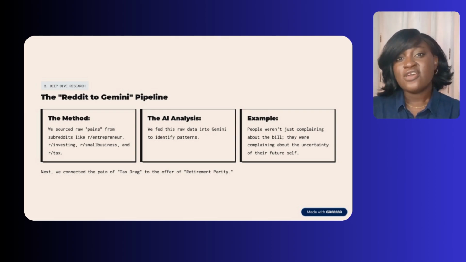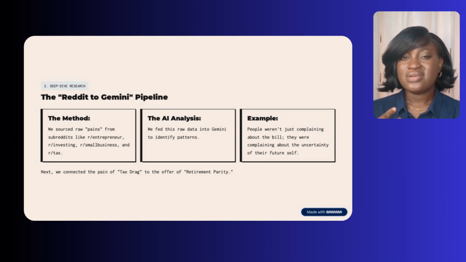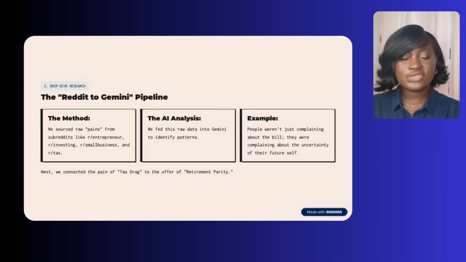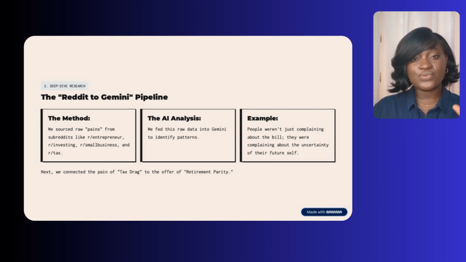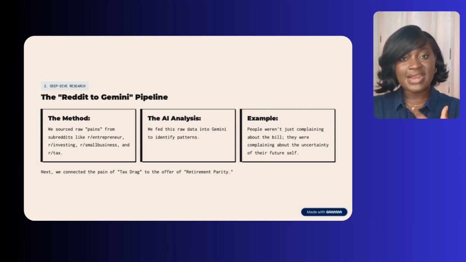That's because 9 to 5 employees have a retirement plan baked into their contract, while most freelancers or digital entrepreneurs don't think about it until late. Those were some of the patterns we noticed in the conversations, and all of this was what we brought into our lead magnet, the VSL, and the landing page.